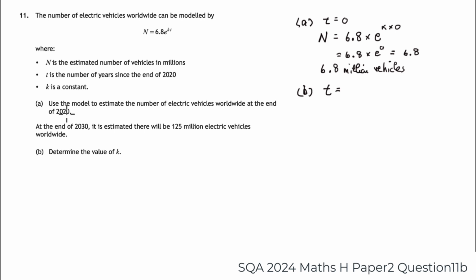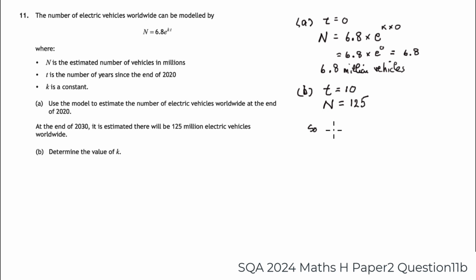That's 10 years elapsed from the end of 2020 to the end of 2030. So t equals 10. We're also told the estimate for the number of vehicles worldwide is 125 million. Now our task is to determine the value of k in this formula.